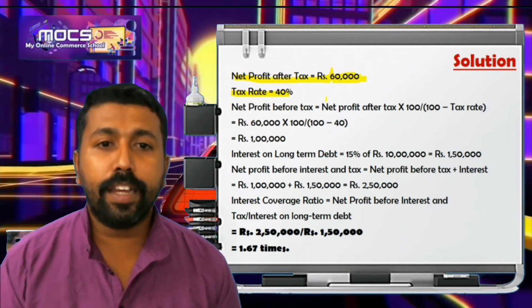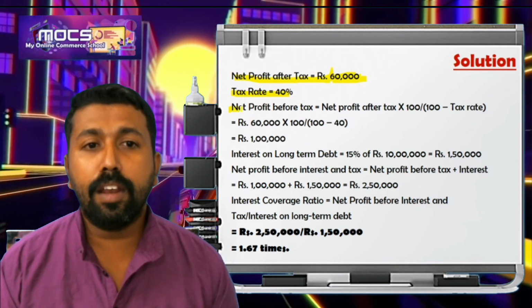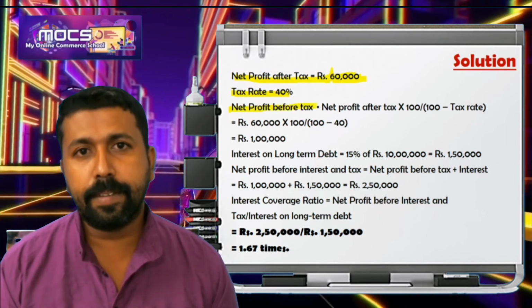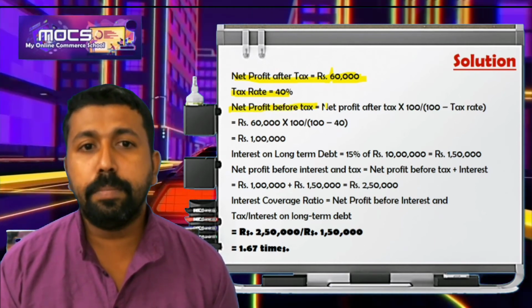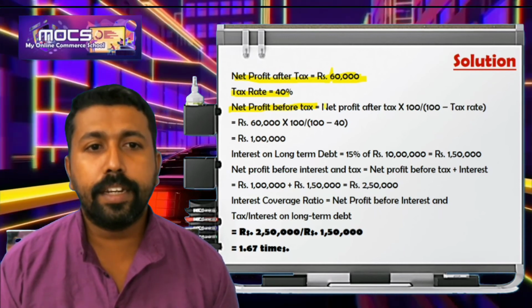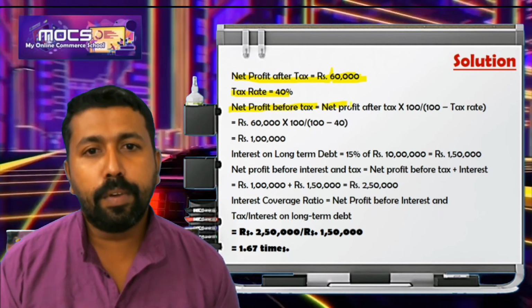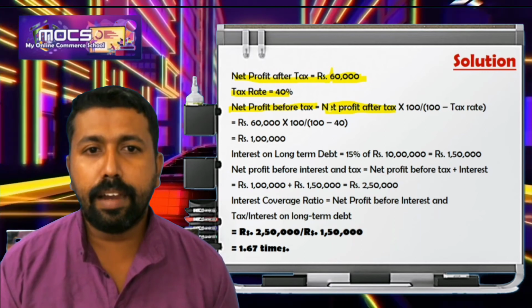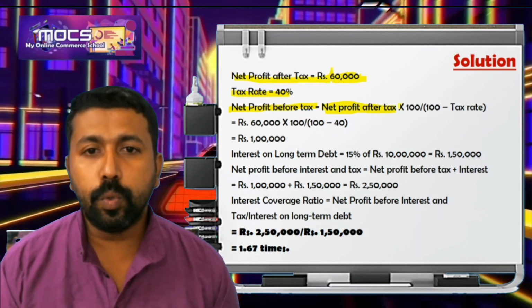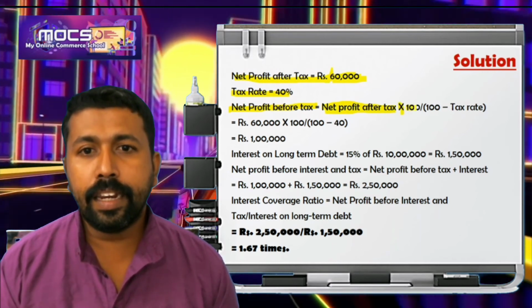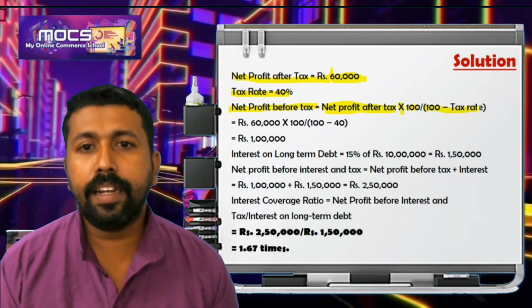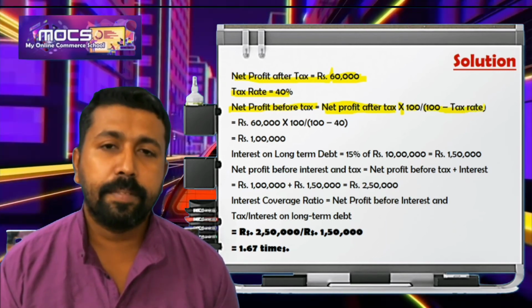Then how can we find out? We can find out the value of net profit before tax first. Net profit before tax can be calculated using this equation: net profit after tax into 100 divided by 100 minus the tax rate.